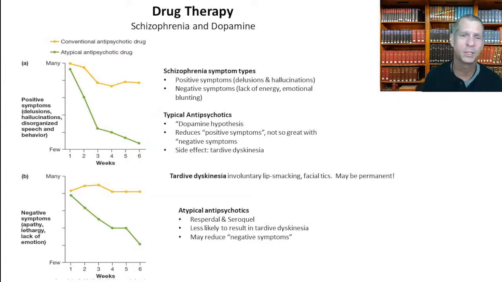Okay. And so what you're going to find is that the typical antipsychotics that they give you are really good at decreasing the positive symptoms, the delusions and hallucinations associated with schizophrenia. In fact, the drug Thorazine, when it was invented in the 50s, was hailed as a wonder drug because before then there was absolutely no way people with schizophrenia would be able to live outside of an institution.